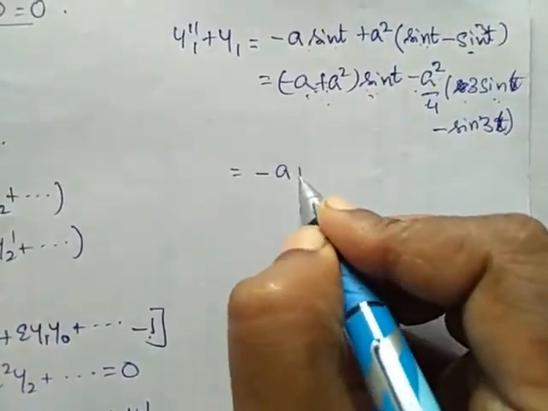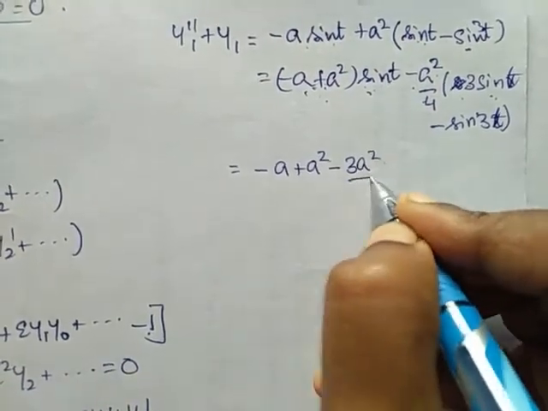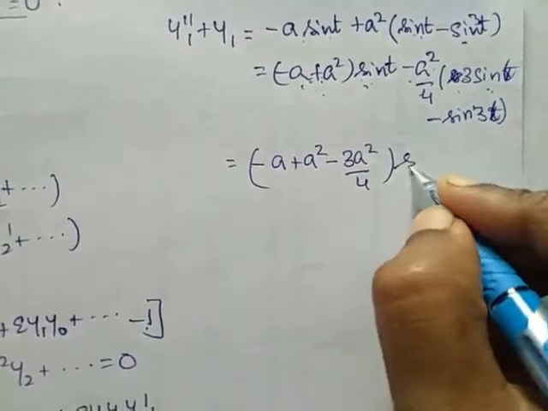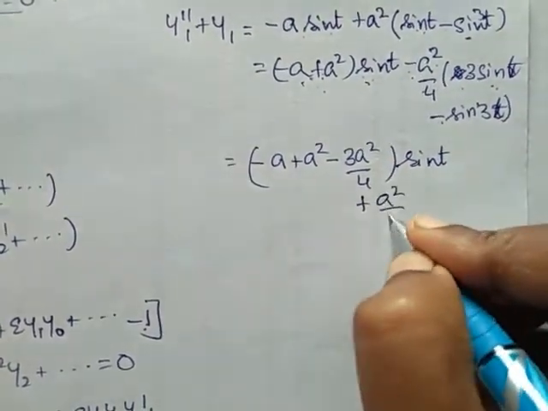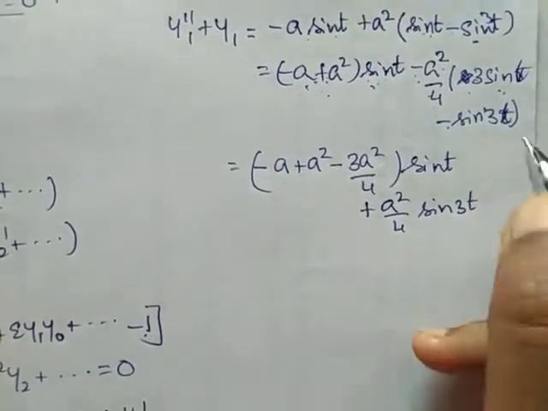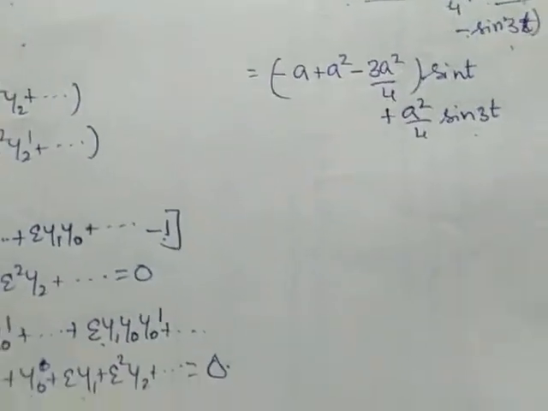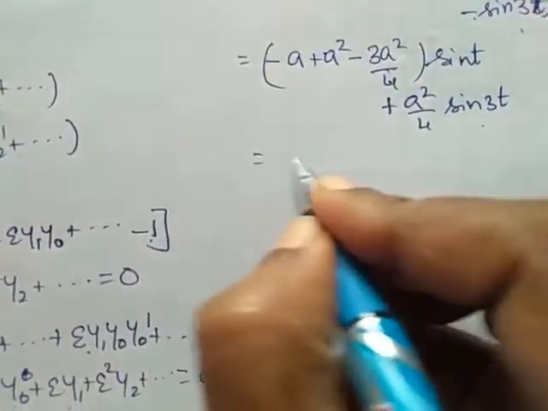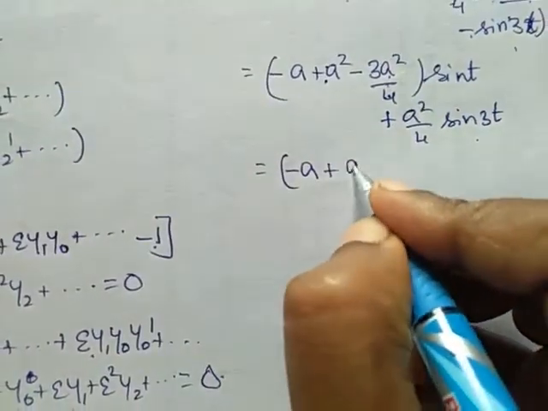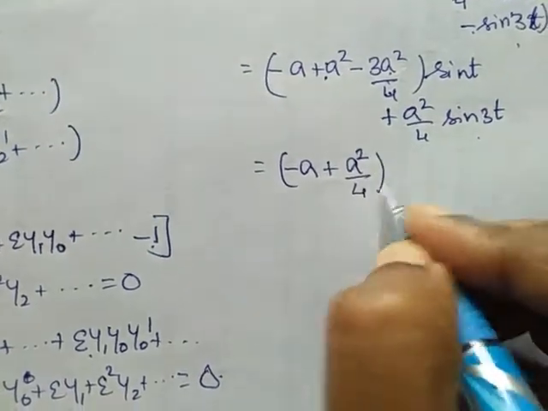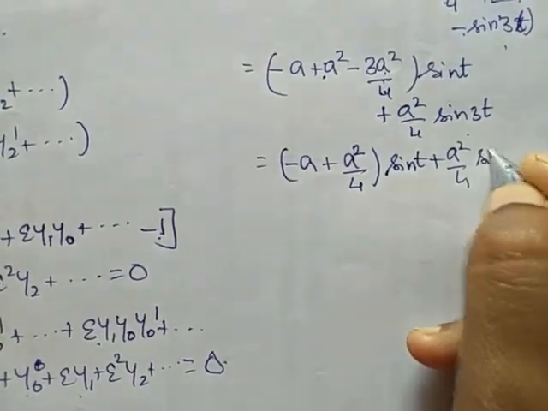So minus a plus a square minus 3a square by 4 into sin t, plus a square by 4 sin 3t. I have grouped the sin t terms and I have written sin 3t as it is. Now take the LCM here. Minus a, 4a square minus 3a square is a square by 4, sin t plus a square by 4 sin 3t.